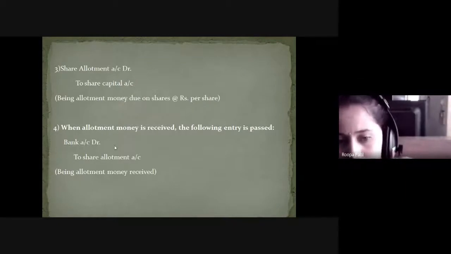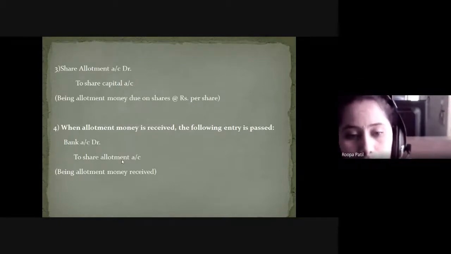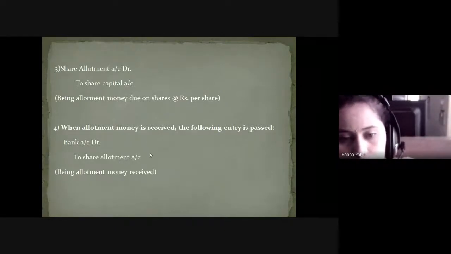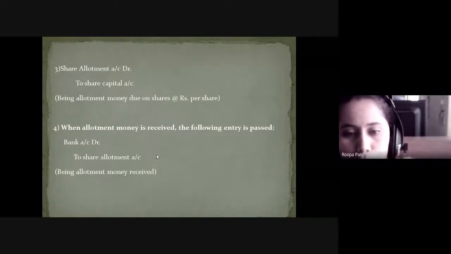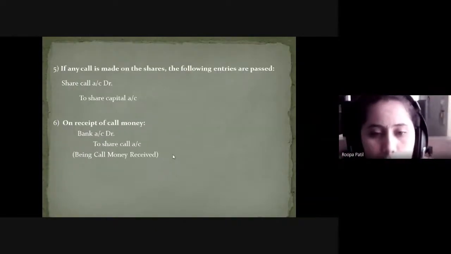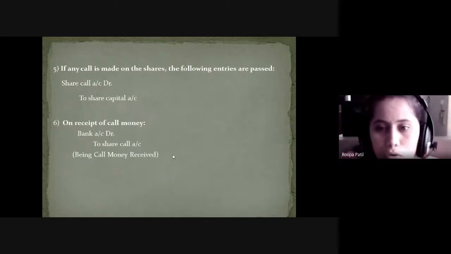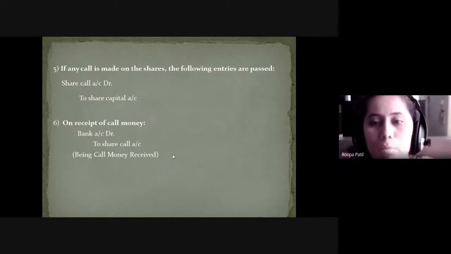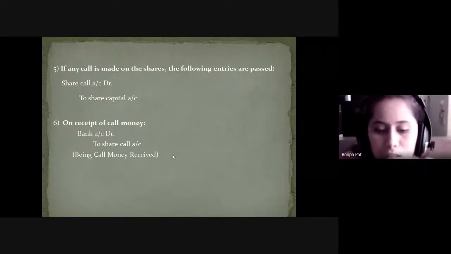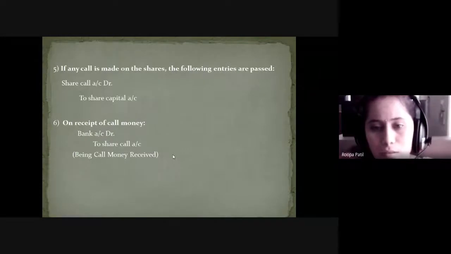Here the share application money is transferred to share capital. Being share application money transferred to share capital.